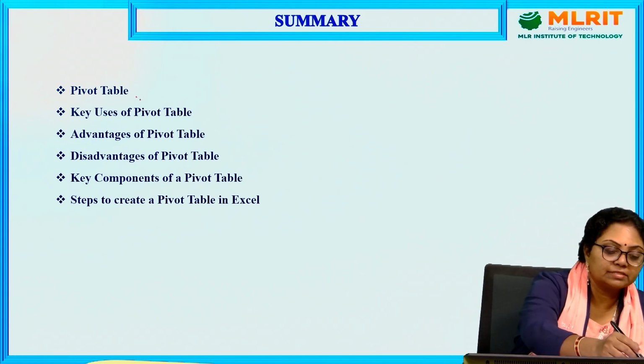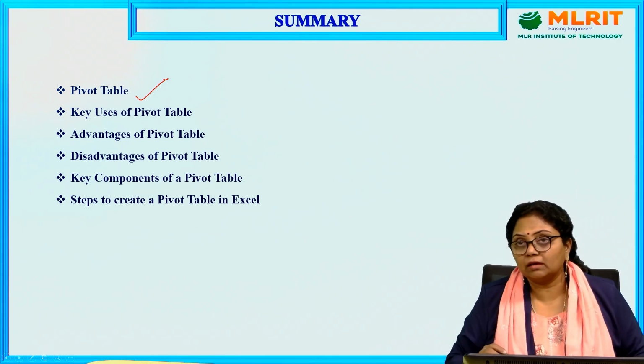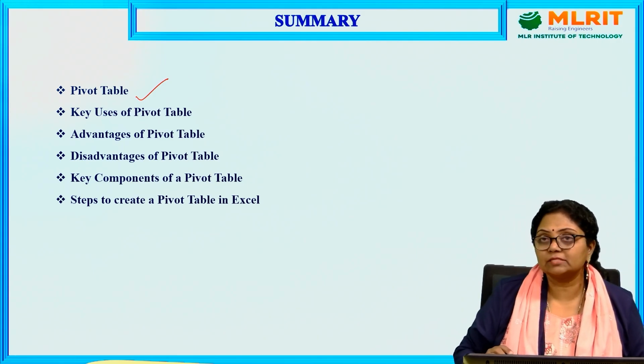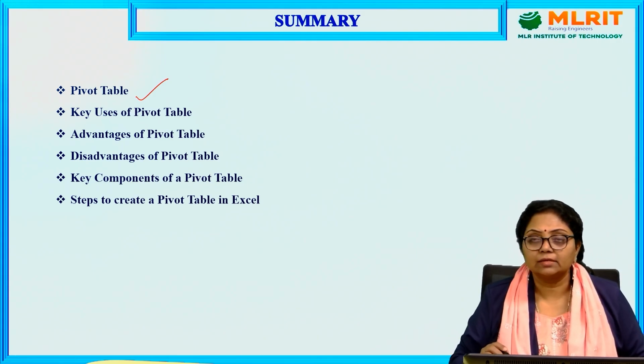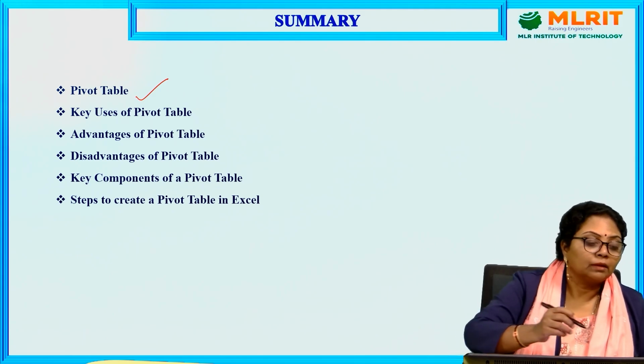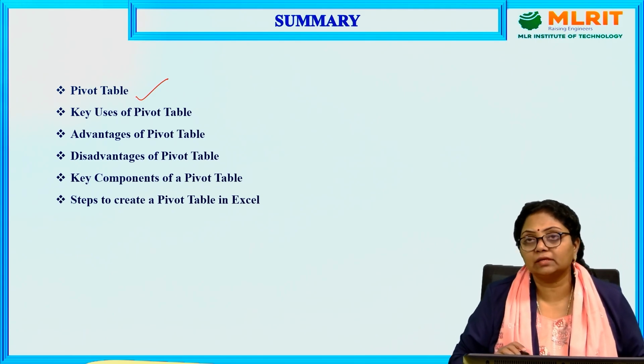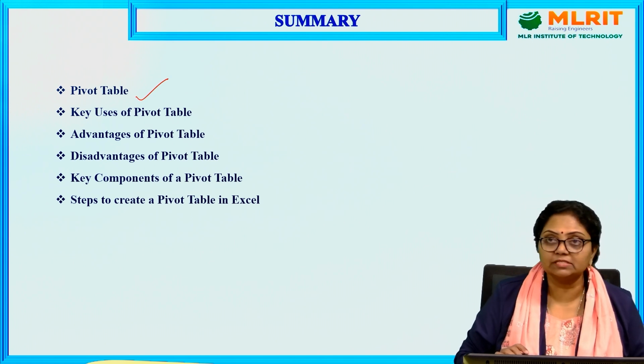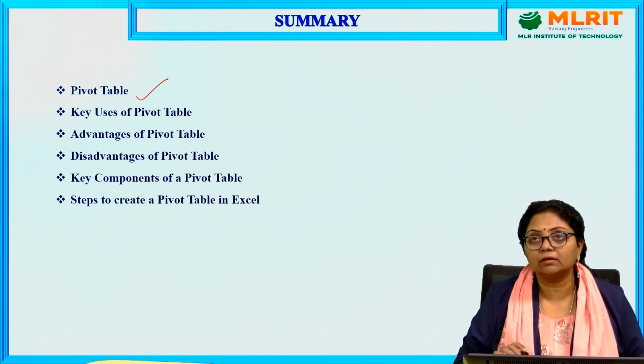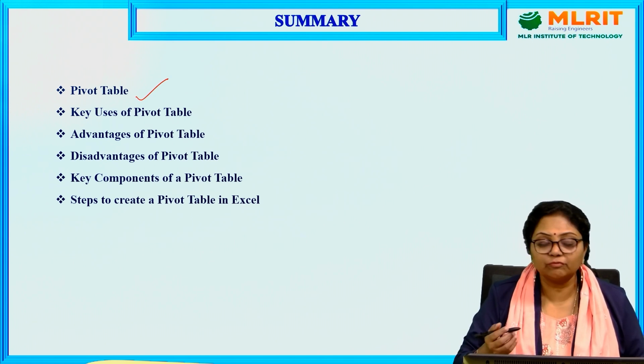So pivot table is a table which is used in Excel and which helps us to analyze, organize and summarize the data. We are having a beautiful interface in Excel, that is drag and drop interface, which helps us to get the data into meaningful insights.